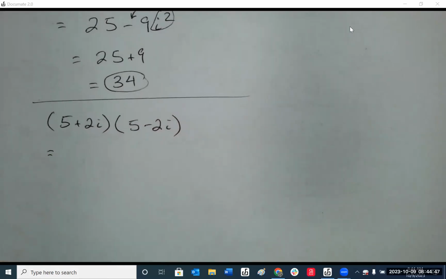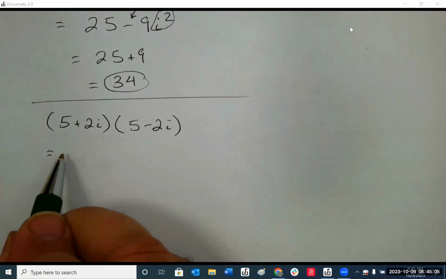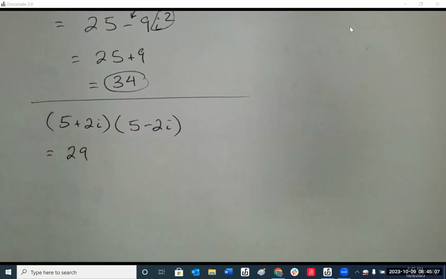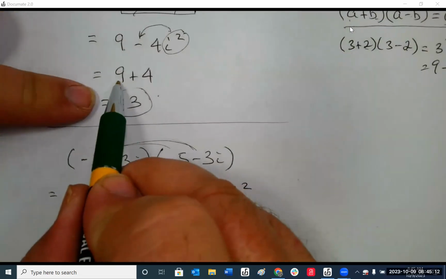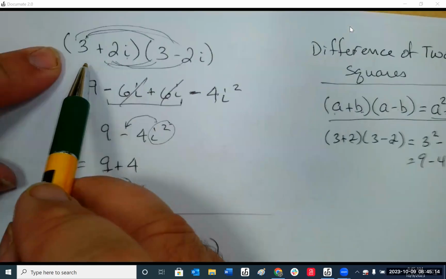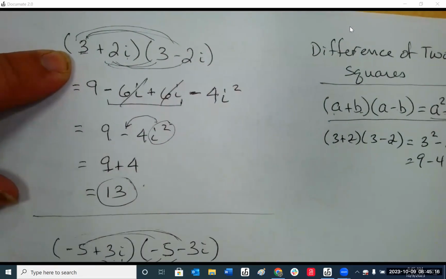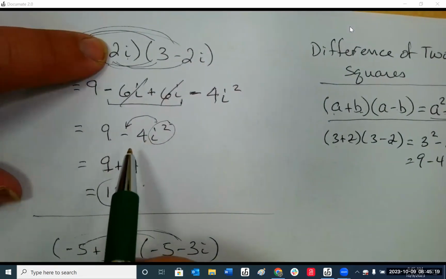Without doing the calculations, tell me what the answer is going to be. Very good. So if you look at these last two, 9 came from 3 times 3. 4 came from 2 times 2.